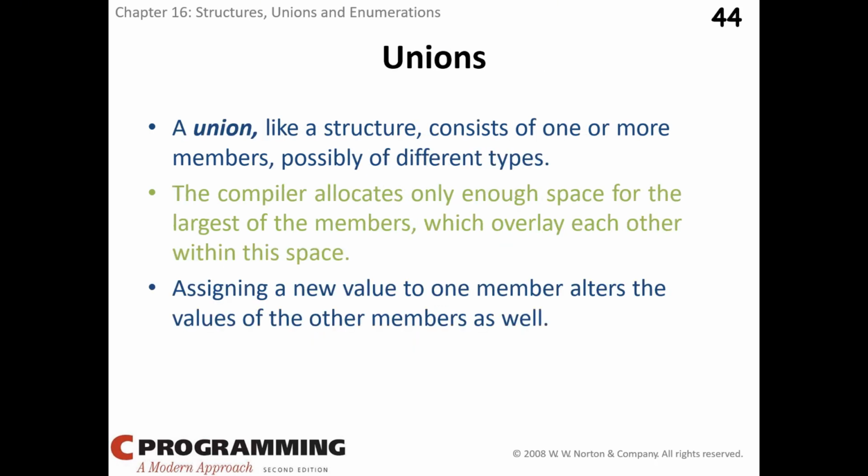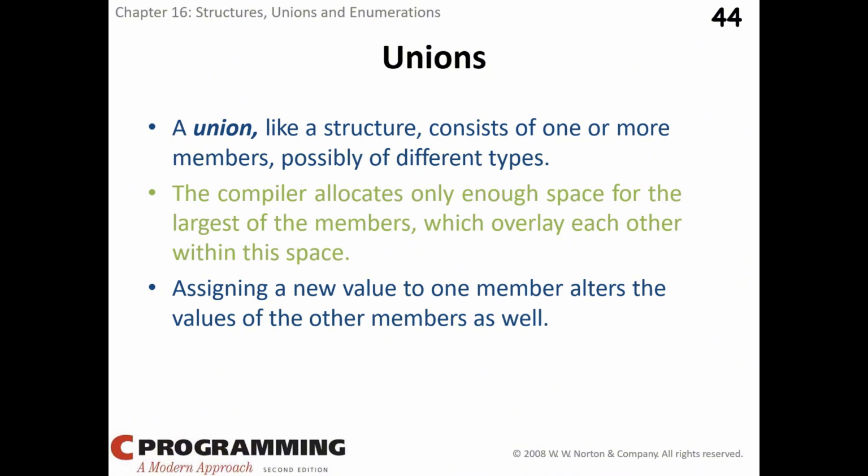Now let's discuss unions. In C we have another composite data type called a union. Like a structure, a union consists of one or more members, each of which can be of a different type.